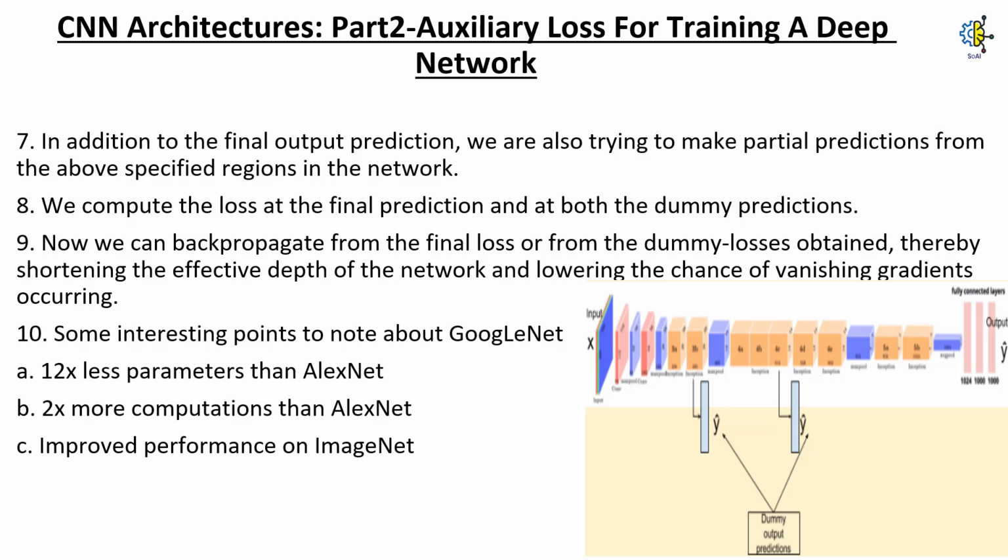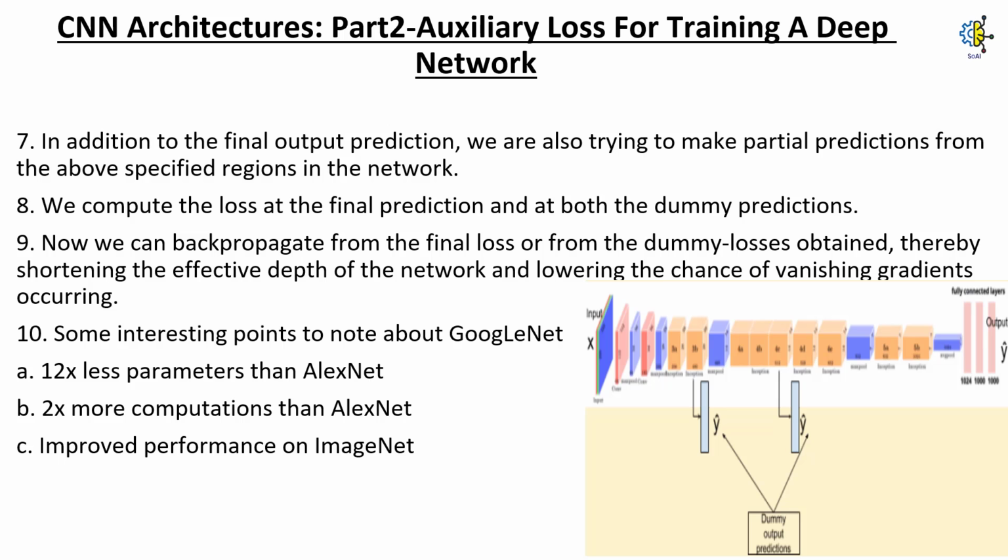We compute the loss at the final prediction and add both the dummy predictions. Now, we can propagate from the final loss or from the dummy losses obtained, thereby shortening the effective depth of the network and lowering the chance of vanishing gradients occurring.